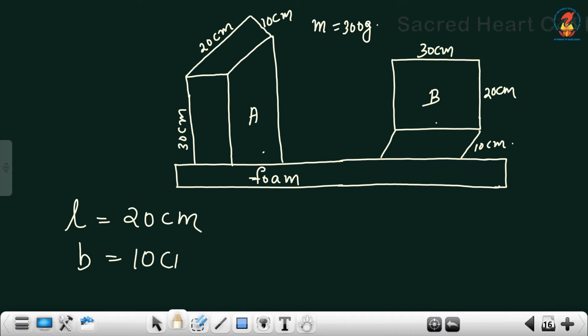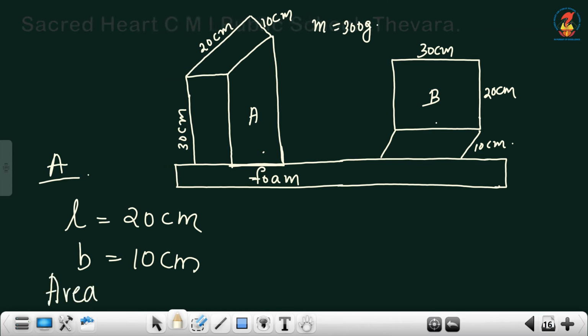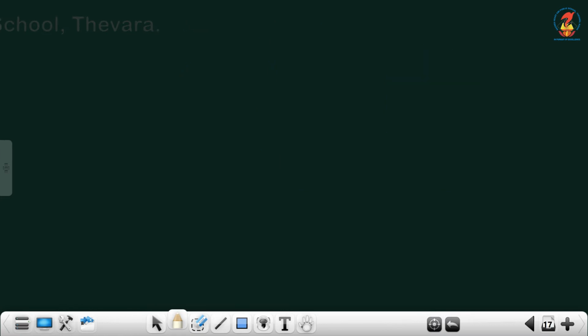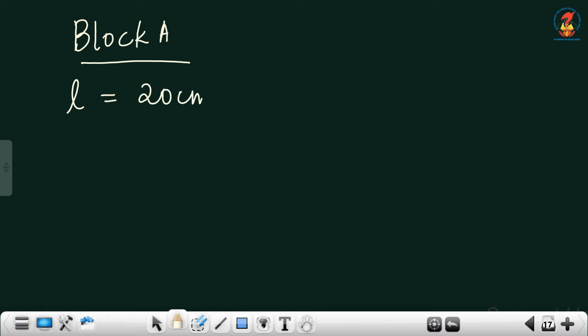The edges 20 centimeter and 10 centimeter are in contact with the foam. So, the area of block A which is in contact is 20 into 10. The dimensions which are in contact with the foam are 20 centimeter and 10 centimeter.